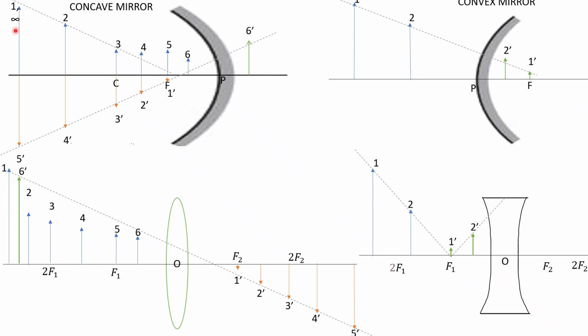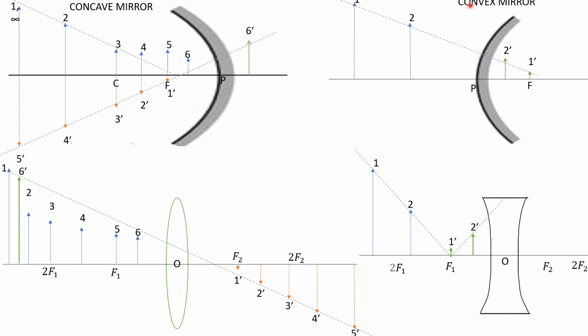So in a concave mirror and convex lens, whenever the object is between infinity and the center of curvature, or infinity and 2F1, the image formed is diminished. At C, or 2F1, it is of the same size. And at any point between the center of curvature and P, or 2F1 and O, it is going to be an enlarged image.